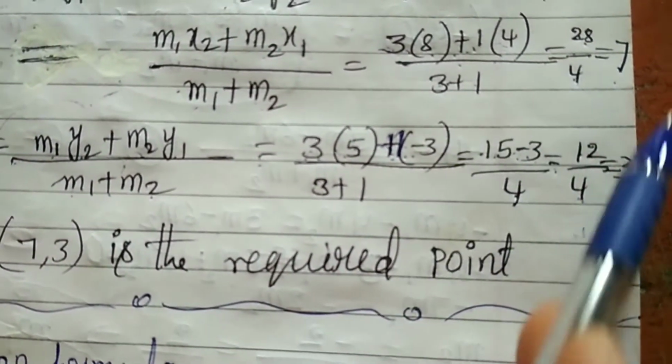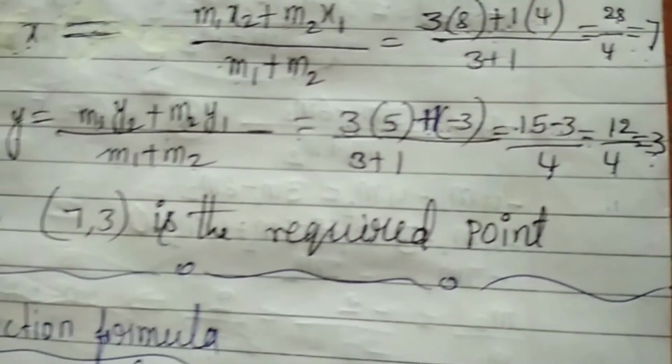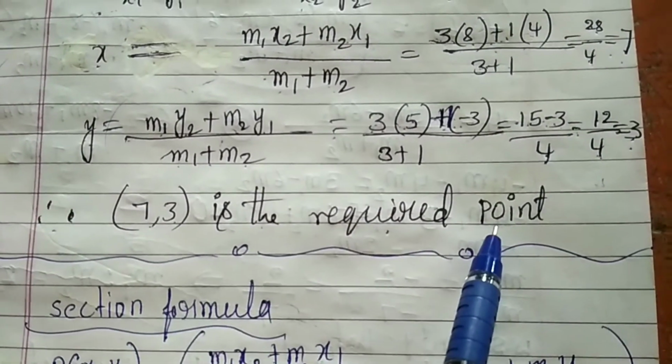Dear children, look at these 2 points, 7, 3. Therefore, 7, 3 is the required point.